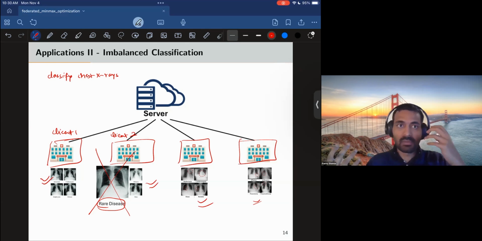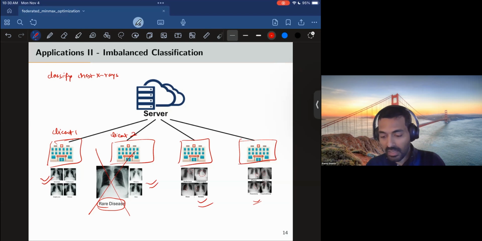This is an example of federated learning, like you have seen so many times in this course. But the twist here is that because these are chest X-rays, once in a while a patient would appear at a hospital who has a very rare chest condition. So suppose this specific chest X-ray comes from a very rare disease.